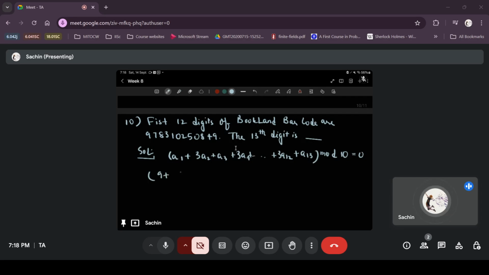So 9 plus 21 plus 8 plus 9 plus 1 plus 0 plus 2, which is multiplied by 3, this, and this, is 15 plus 0 plus 24 plus 4 plus 27 plus 8, 13, 0 in mod 10.